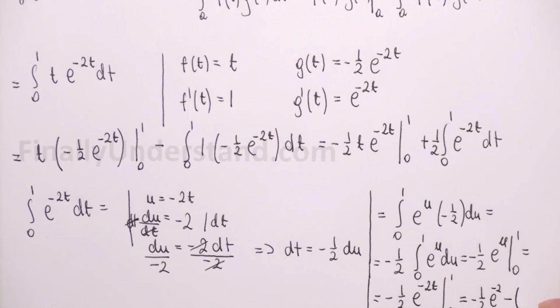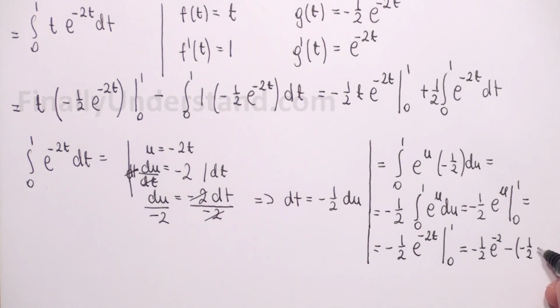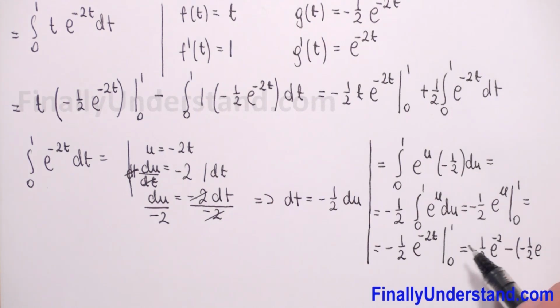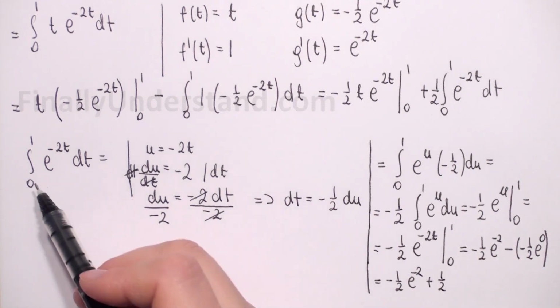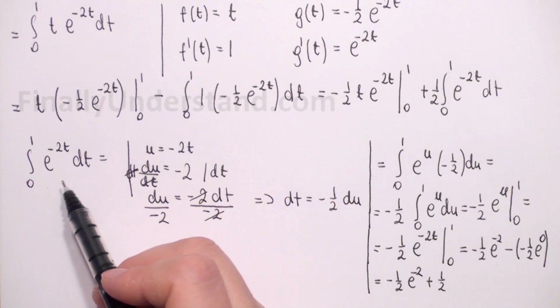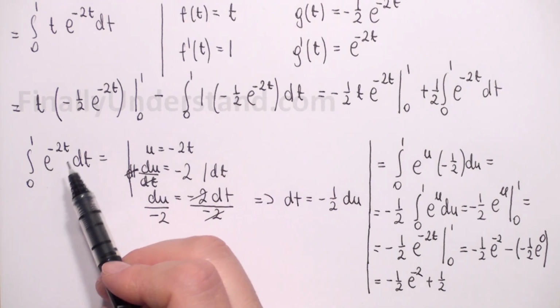So we have negative, in parentheses, 1/2 times e to power negative 2 times 0, which will be 0. So this is equal. We will have negative 1/2 e to power negative 2. Negative and negative give us positive. E to 0 is 1, so we have 1/2 only. So this is our integral from 0 to 1 of e to power negative 2t with respect to t.